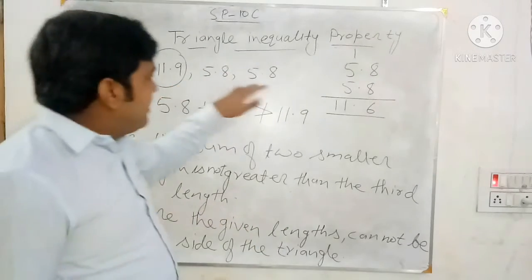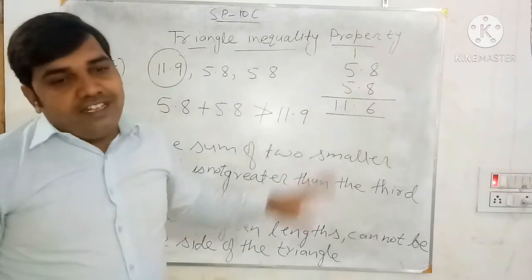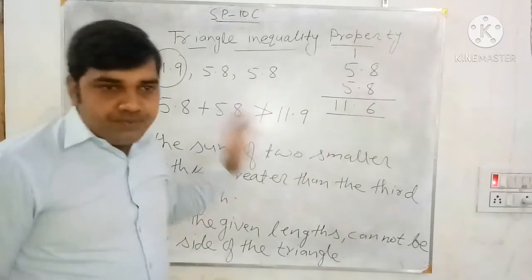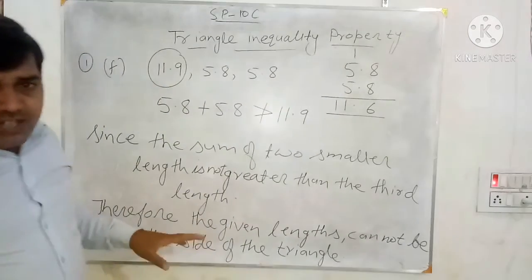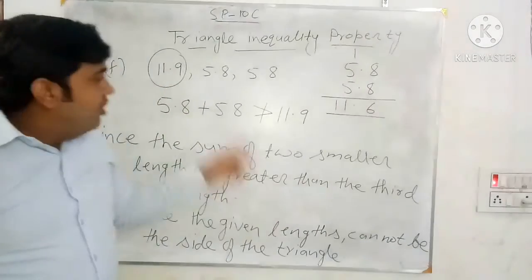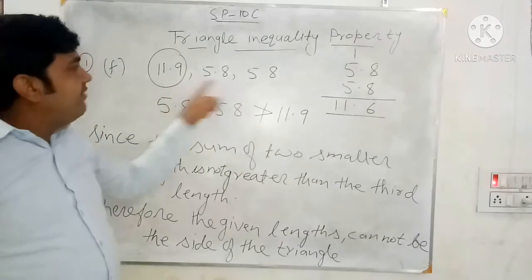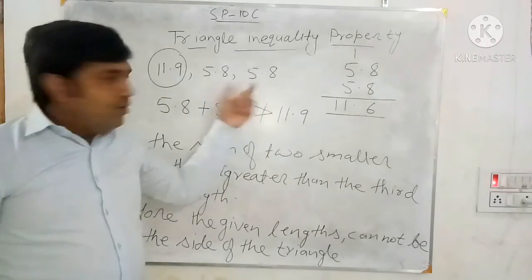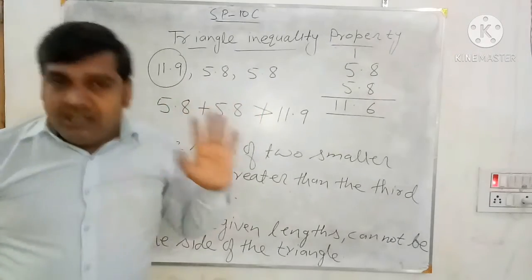So with the given lengths 11.9, 5.8, 5.8, we cannot draw any such triangle.